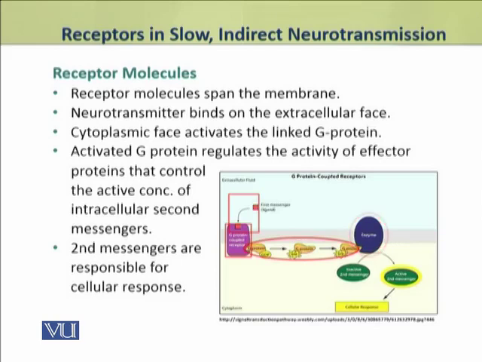The activated G protein regulates the activity of effector protein, which may be an enzyme. This enzyme controls the active concentration of second messenger. The second messengers are responsible for cellular response.